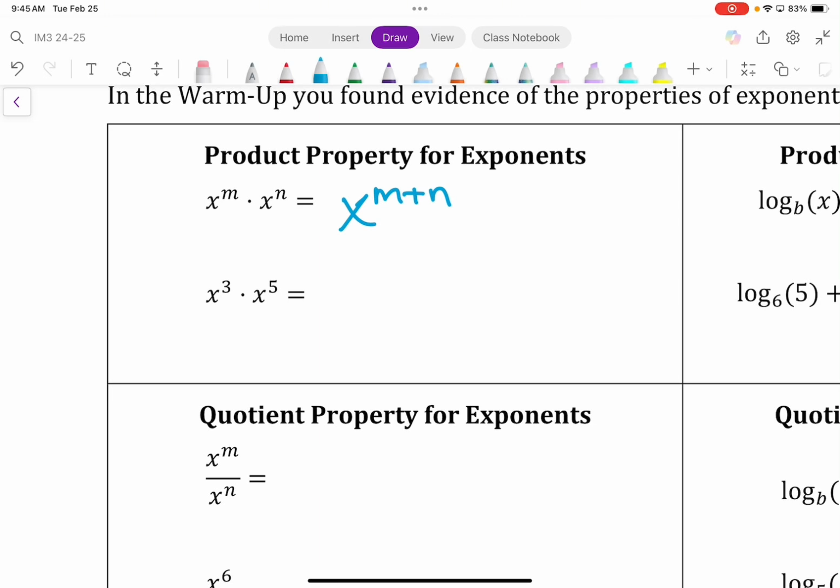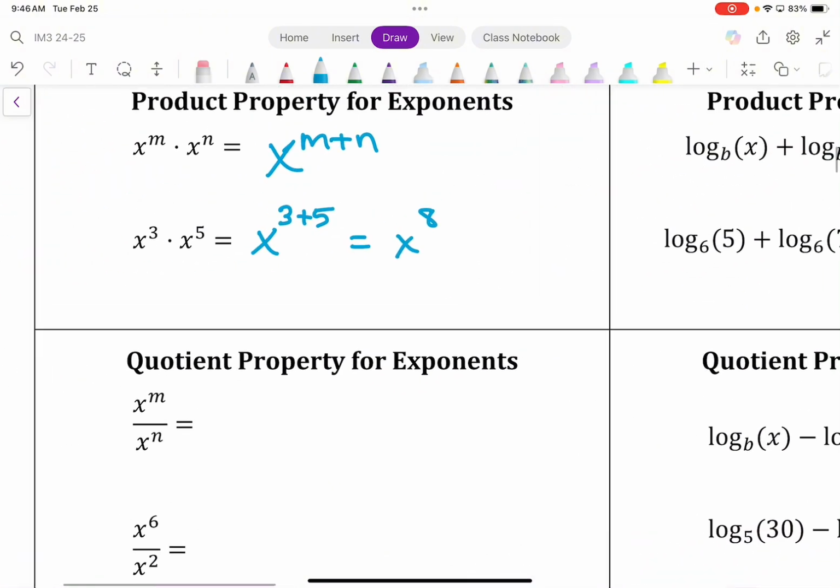If we introduce some numbers, like the example below, x to the third times x to the fifth can be rewritten as x to the 3 plus 5 power, which equals x to the 8th. So all we're doing there is applying that property of exponents, where we add the exponents together, assuming that we're multiplying the same bases.